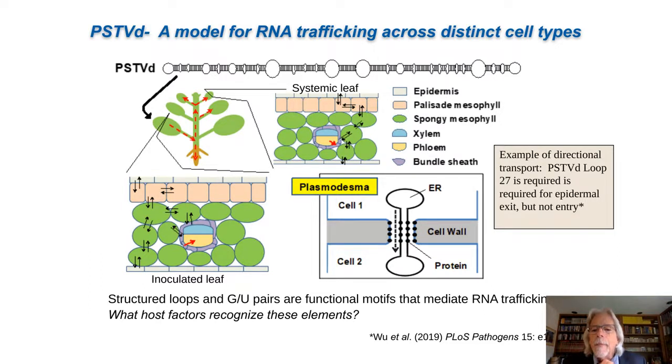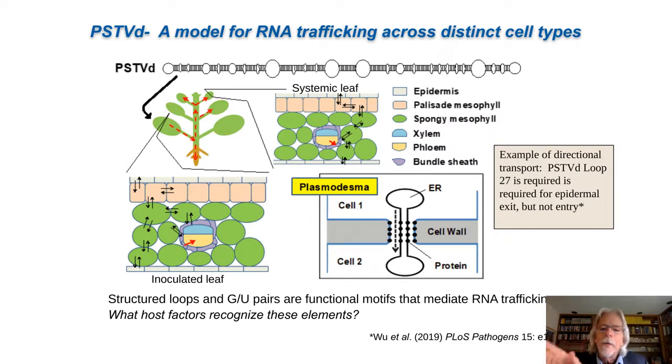Now, as an example of directional transport, the PSTVd loop 27, which in the PSTVd genome shown at the top is the terminal loop there on the right, we found that that particular loop, an intact loop 27, is required for the PSTVd RNA to exit the epidermis in the inoculated leaf and invade cells below.